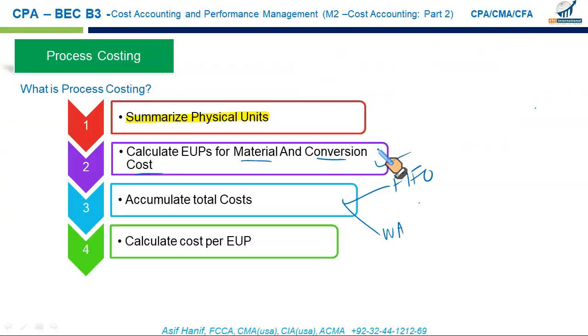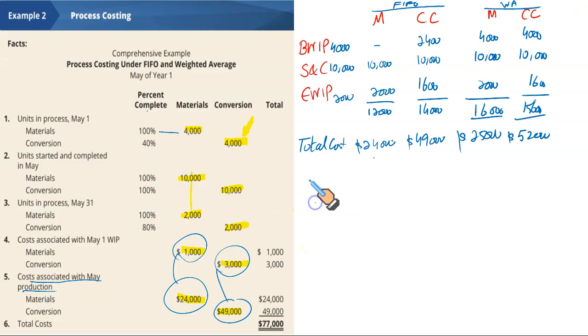So your fourth step is going to be the calculation of cost per EUP of material and cost per EUP of conversion cost. Remember, this was your first step, calculation of the physical quantities of your units into three population. This was your second step, calculation of your EUPs. This was the third step, accumulation of total cost. Now we are going to do the fourth step, that is to calculate the cost per unit.